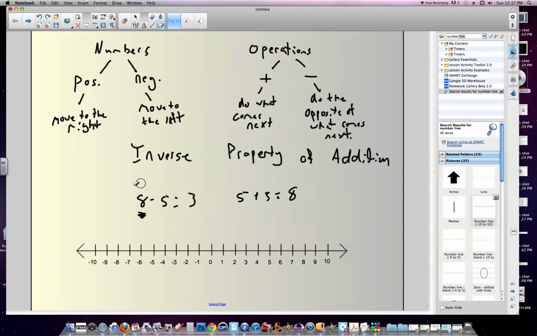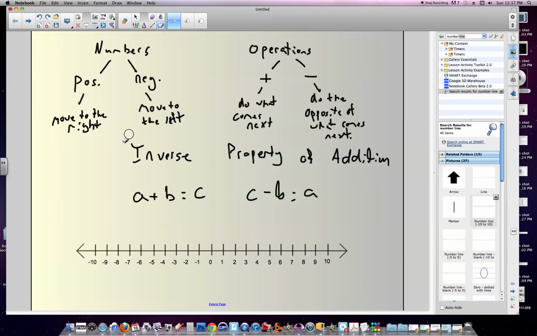This is just showing the relationship between addition and subtraction. And in general, we write this algebraically. If I have any term or number and I add it to some other number, I'm going to get a sum. And if I take that sum and I remove one of those parts, I'm left with the other part. And going back to the commutative property, when I say C minus B, I could also be saying C minus A because the order here doesn't matter, right? So this is our inverse property.